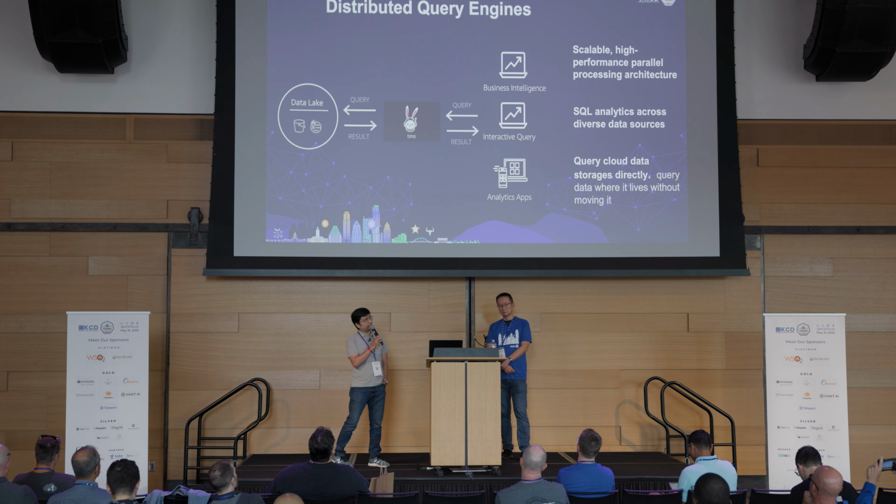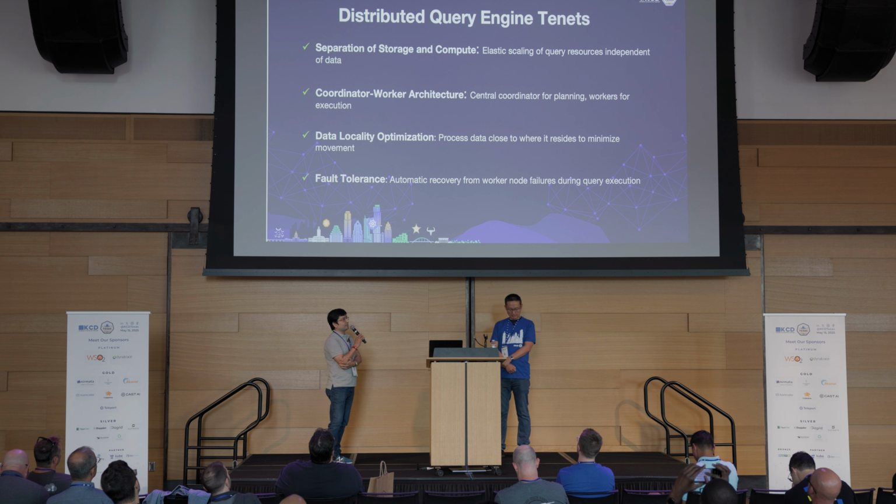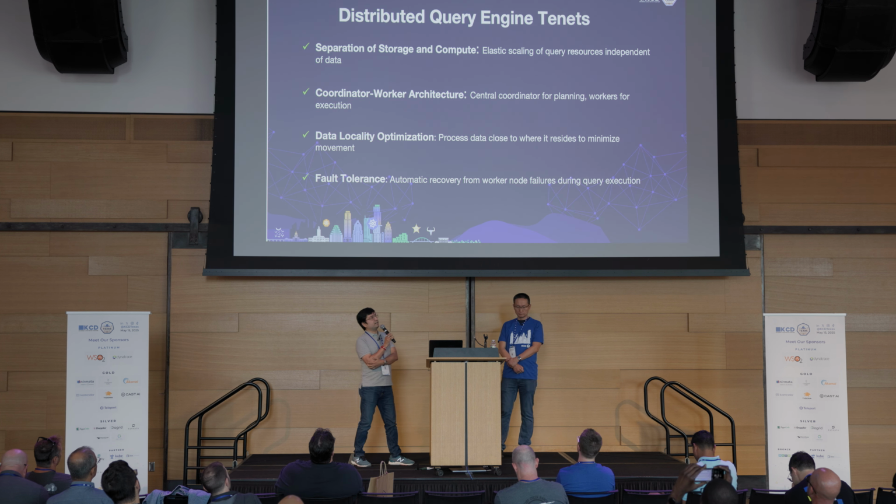These are some of the tenets of the query engines. The first one is separation of storage and compute, which enables you to independently scale your storage and compute. So those are decoupled. You no longer have to combine the storage and compute when you are scaling your query engines. Then there is the coordinator or worker architecture.